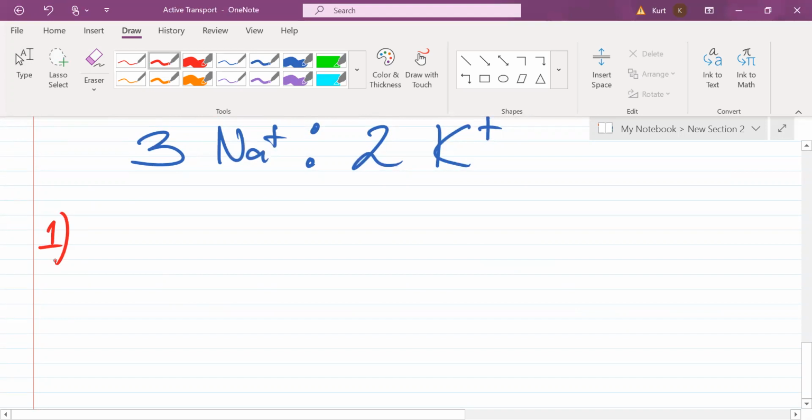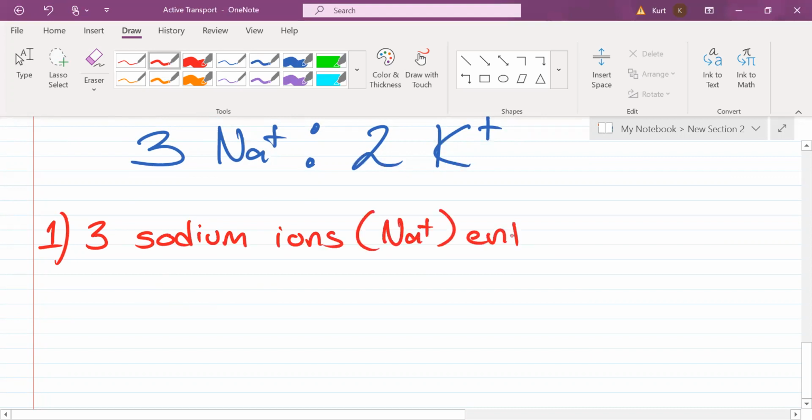Let's do part 1. Here we go. Three sodium ions enter the pump.